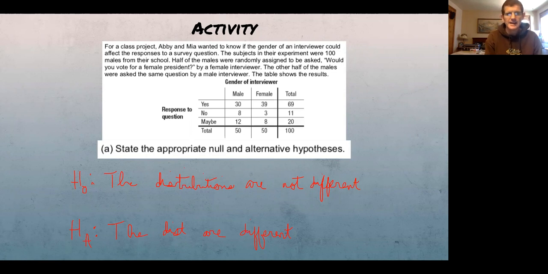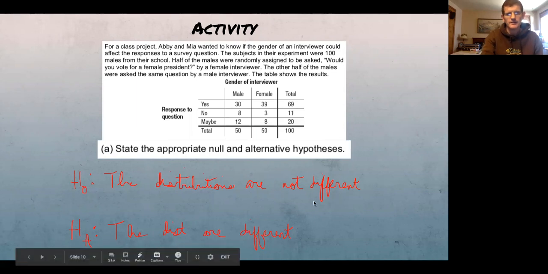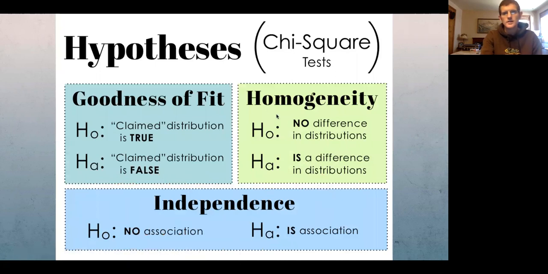So we can just add in the context about what the specific problem is, but generally speaking, these are the hypotheses, and you can see that right here. Again, this is in the reference posters. You can see for homogeneity, no difference in distributions. Alternative is there is a difference in distributions, and it's that straightforward. Okay.